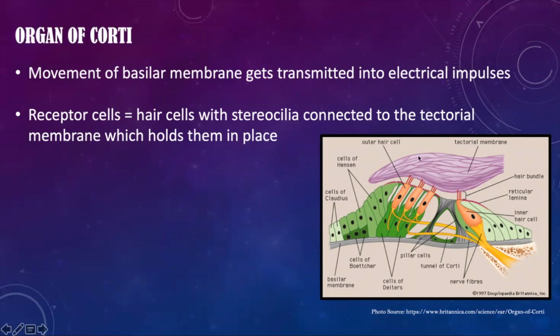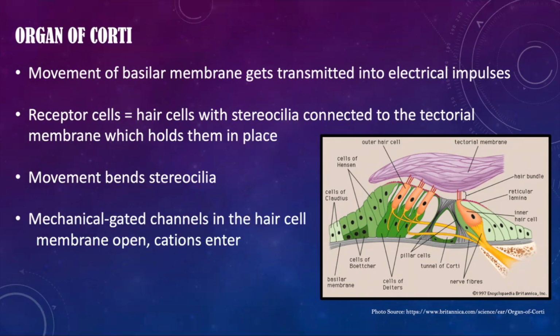So the tectorial membrane situated above them holds these stereocilia in place. And so as the basilar membrane down beneath the organ of Corti is rippling, these are being bent by that movement. Since the tops don't move, they're fixed at the tectorial membrane, instead, they bend in response to this movement.